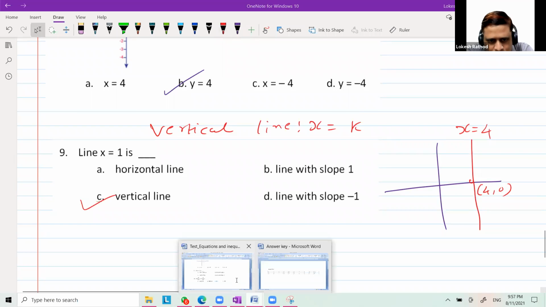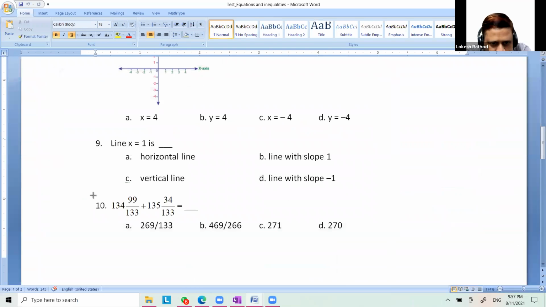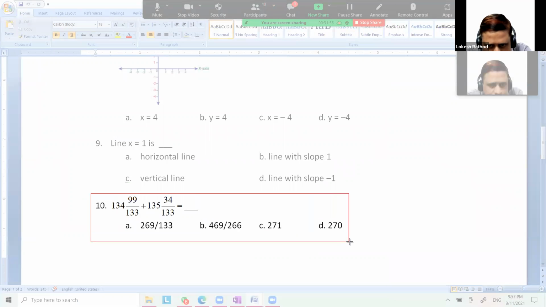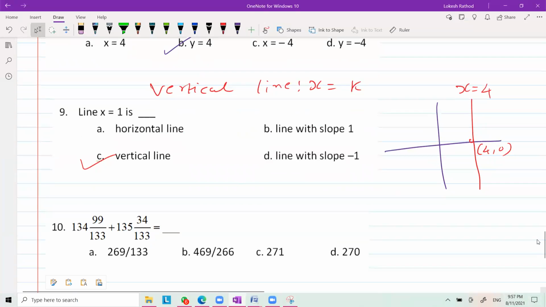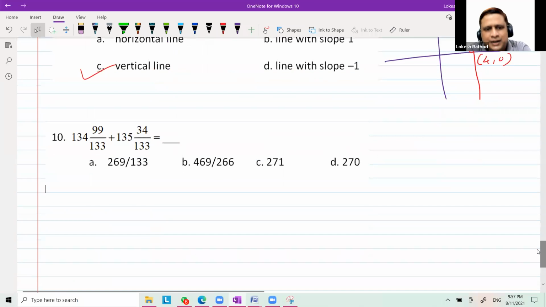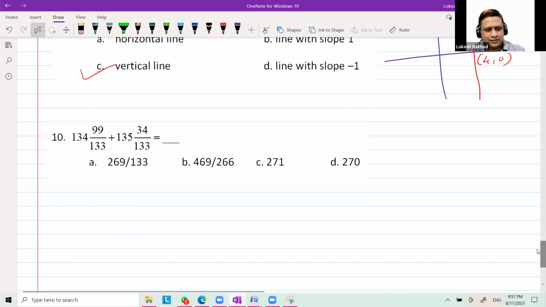And we have the last question. Just a simple addition question was there. If you try to convert this into an improper fraction and add it, this question will be very lengthy for you. Without a calculator, it will be very difficult to do.